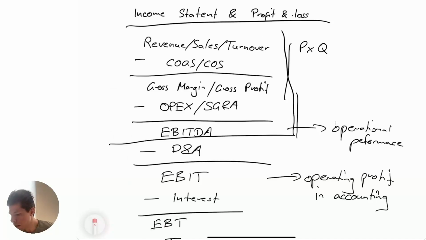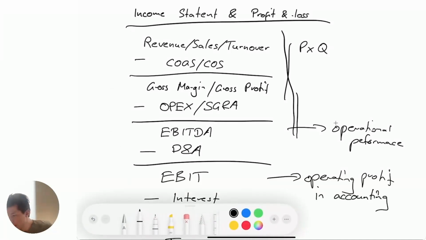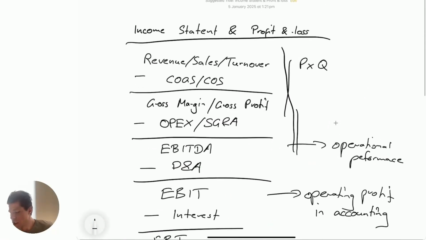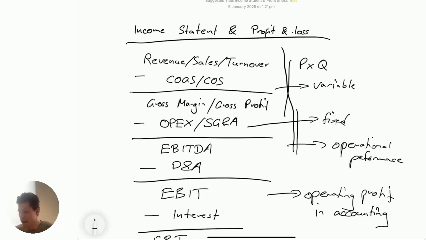Then another part, if we look at the two cost items, cost of sales and SG&A, many people say one is the variable part, the other one is the fixed part. That's not correct, because even in SG&A you can have some variable components, some temporary cost items.